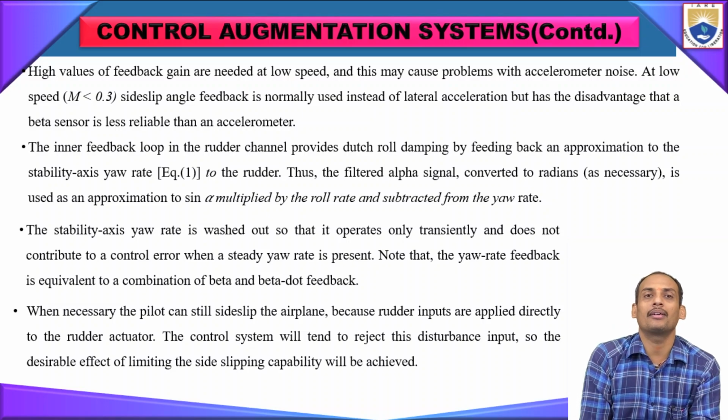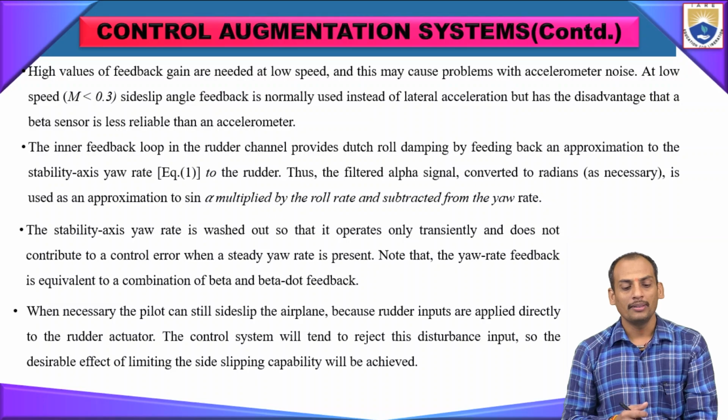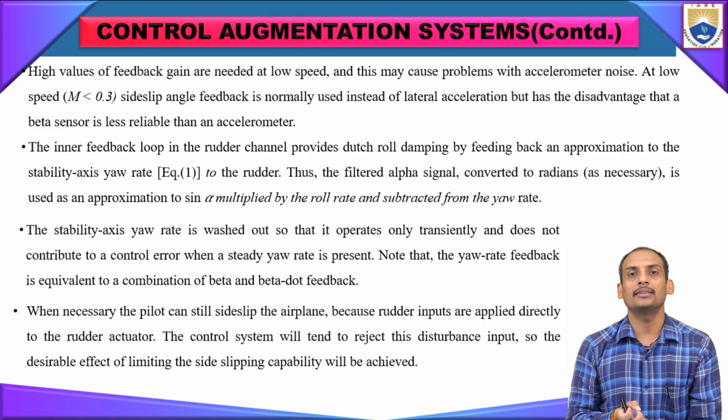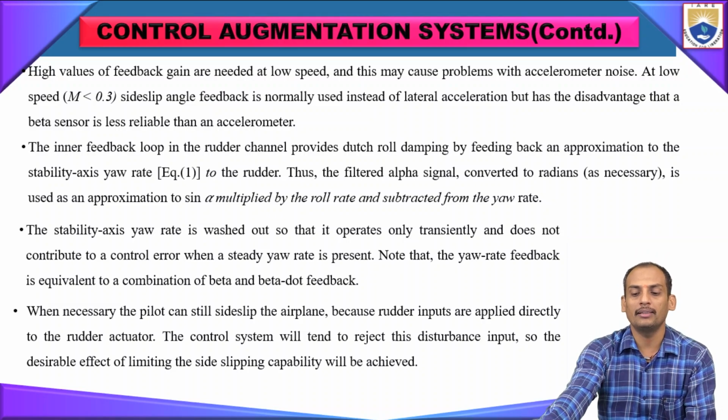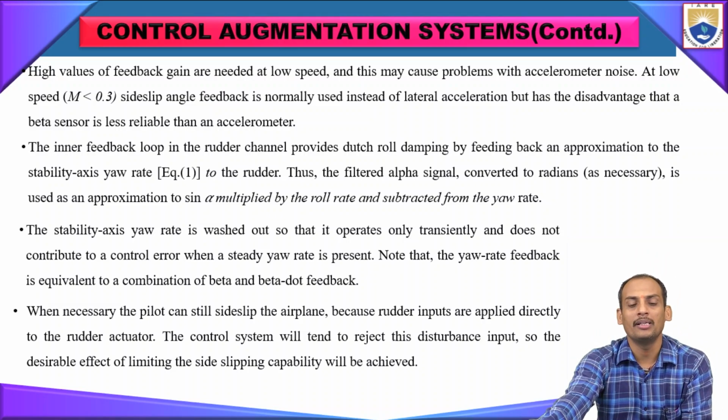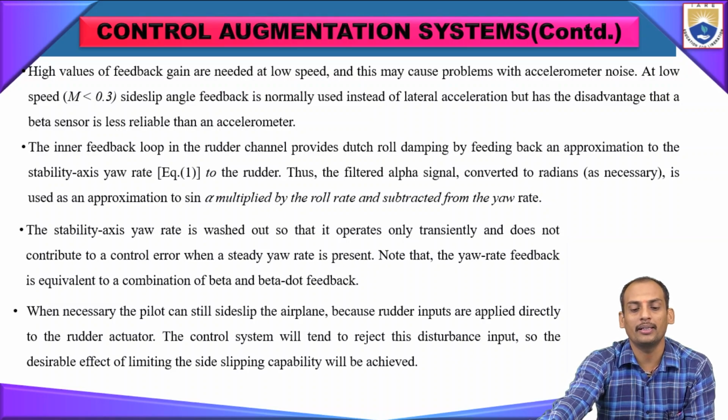So P and R are the roll and yaw rates. The stability yawing axis has been washed out, so it operates only transiently and does not contribute to the control error when a steady yaw rate is present.